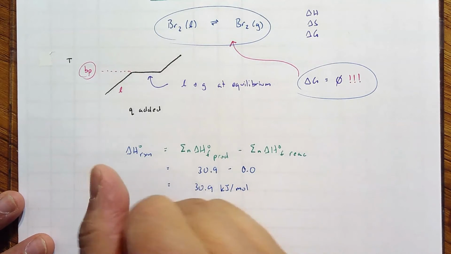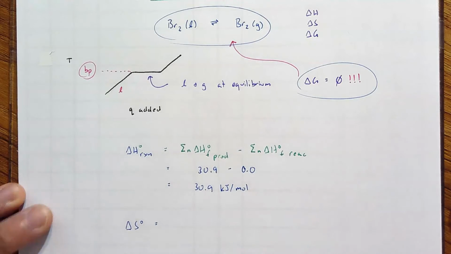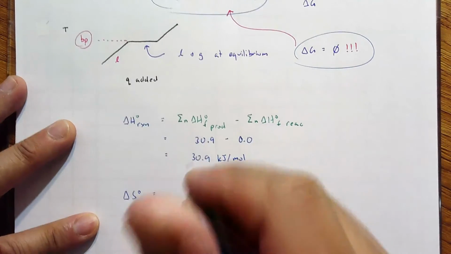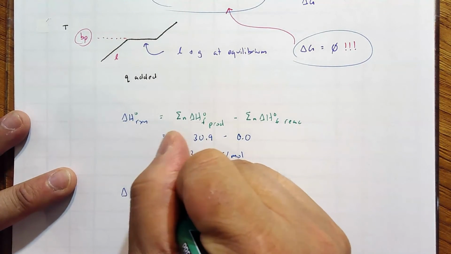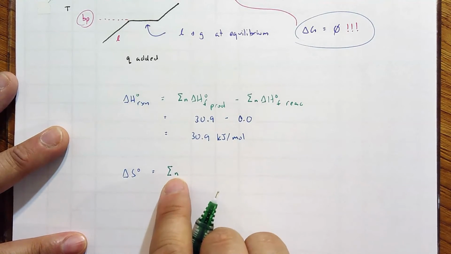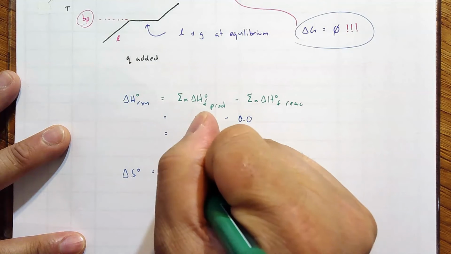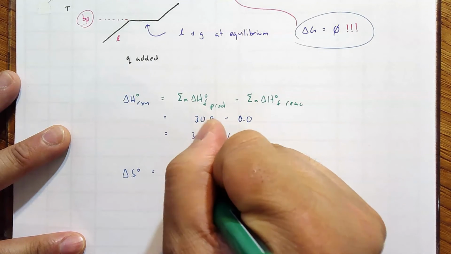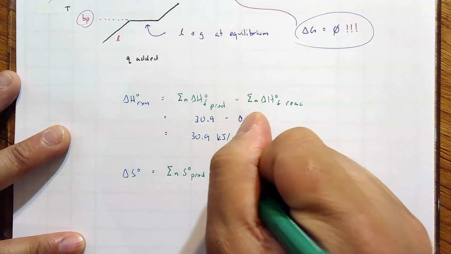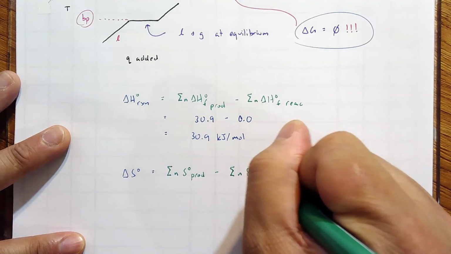Delta S. Delta S at standard state equals, now take a look, it's a little bit different. It's still the summation. We have coefficients of 1, so we don't really have an n. It's the entropy of the products, summation, minus the summation of the entropy of all the reactants.